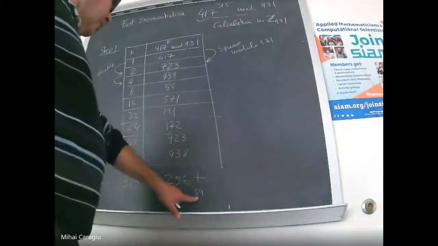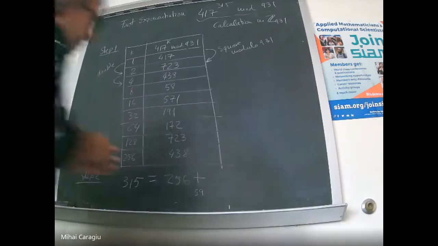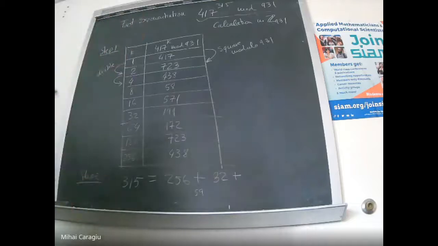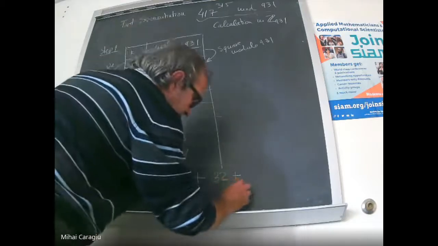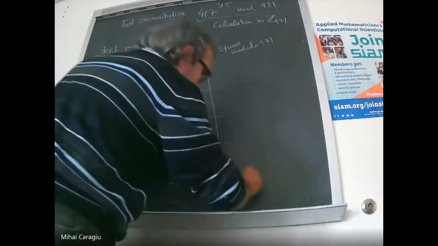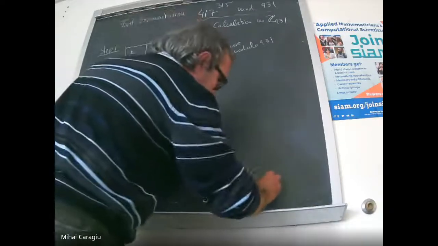Okay, now grab the biggest power of 2 out of 59. We'll get 32. What's left is 27. Grab the biggest power of 2 out of 27, which is 16. What's left is 11.